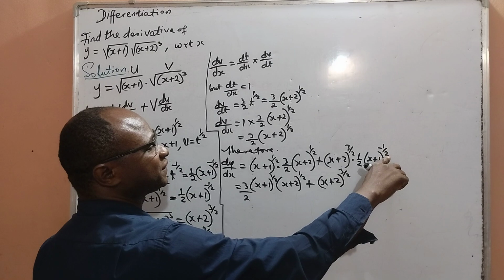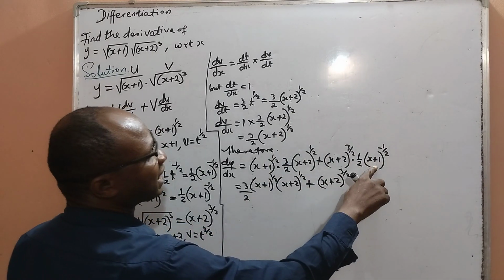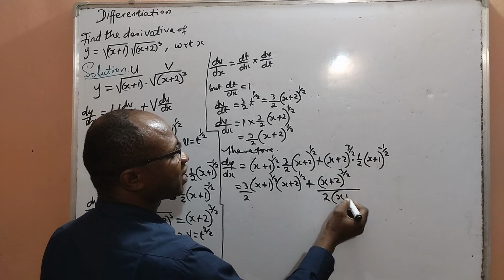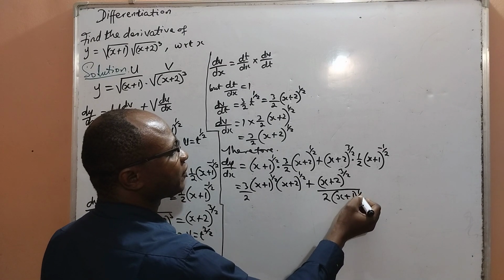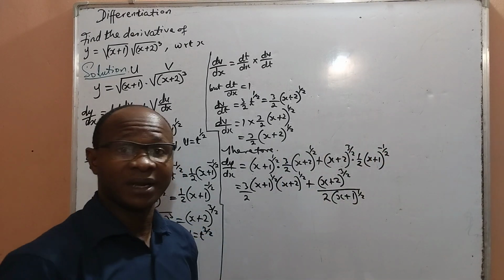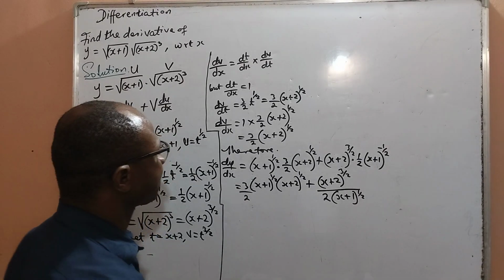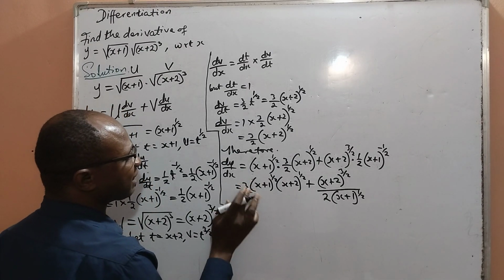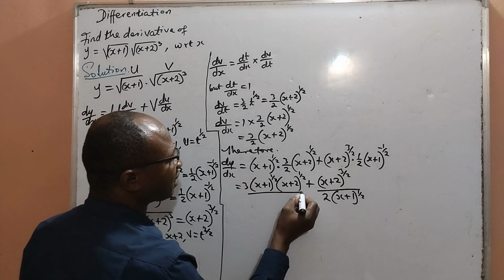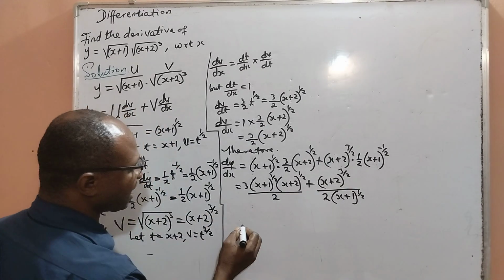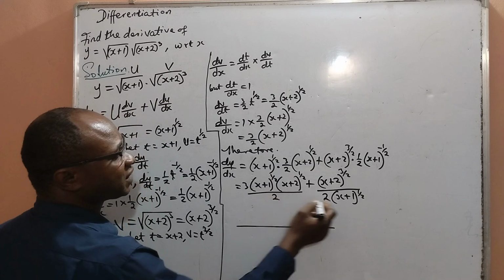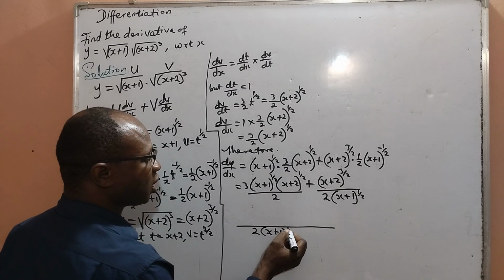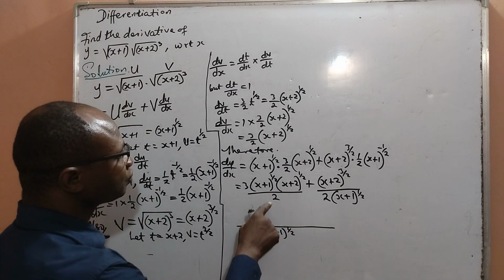Because of this negative power half, I can now write this as all over 2 into (x plus 1) to the power of half, removing the negative power half. So, at this point, I can write this 3 over 2 as everything here all over 2, so that finding the LCM, I can have the LCM as 2 into (x plus 1) all to the power of half.